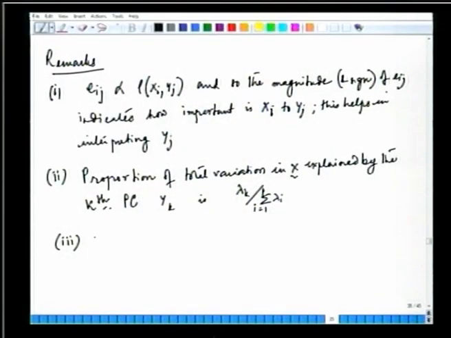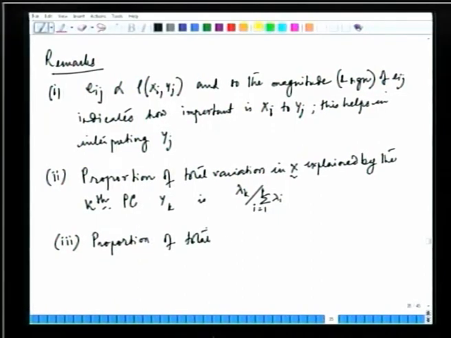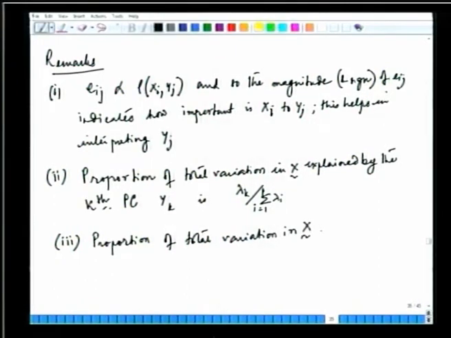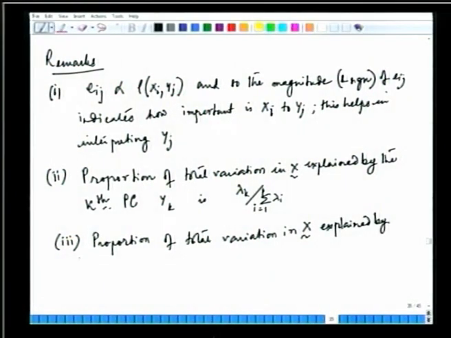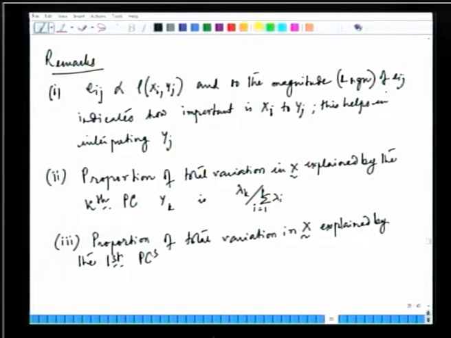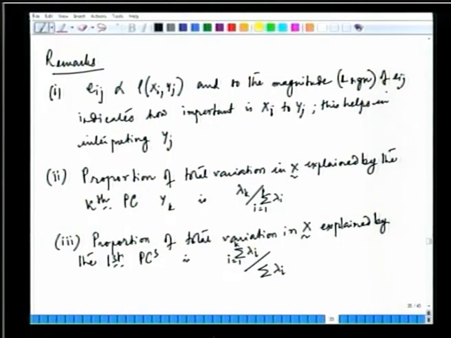So, in this way, one more parameter that is of importance to me is the proportion of total variation in x explained by the first k principal components, that is sum of lambda i from 1 to k, and this is the total variation, sum of lambda i from 1 to p, all of them.